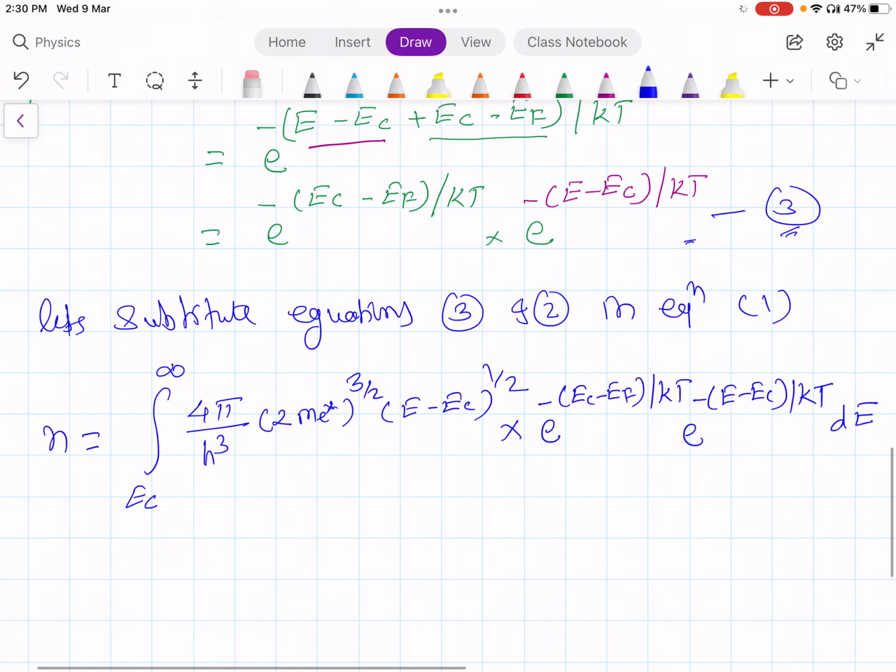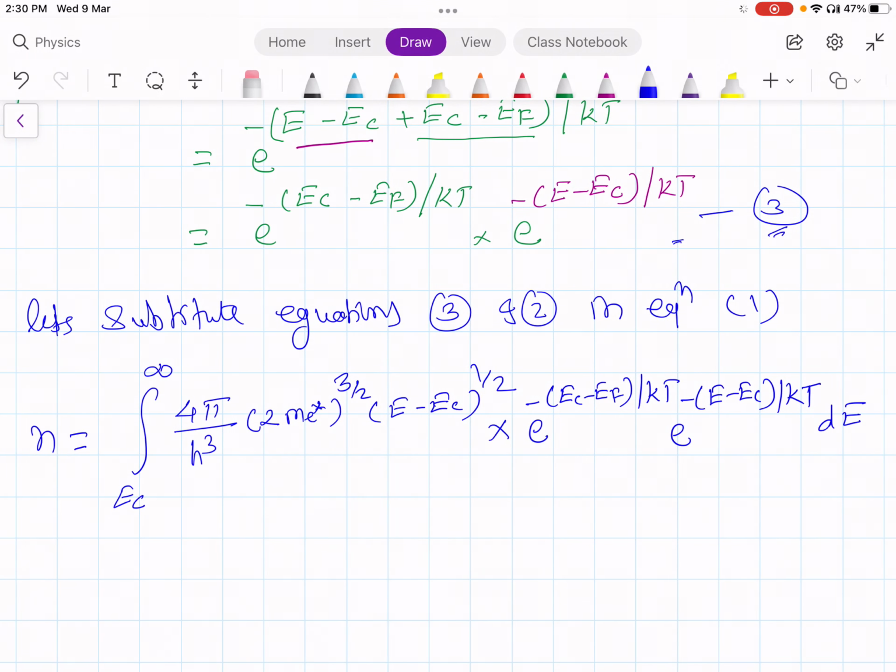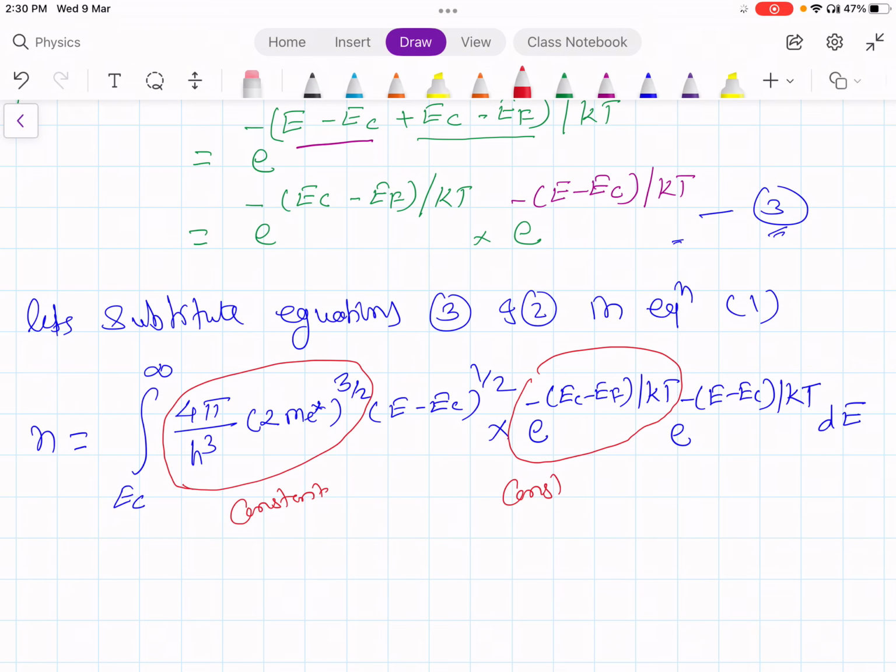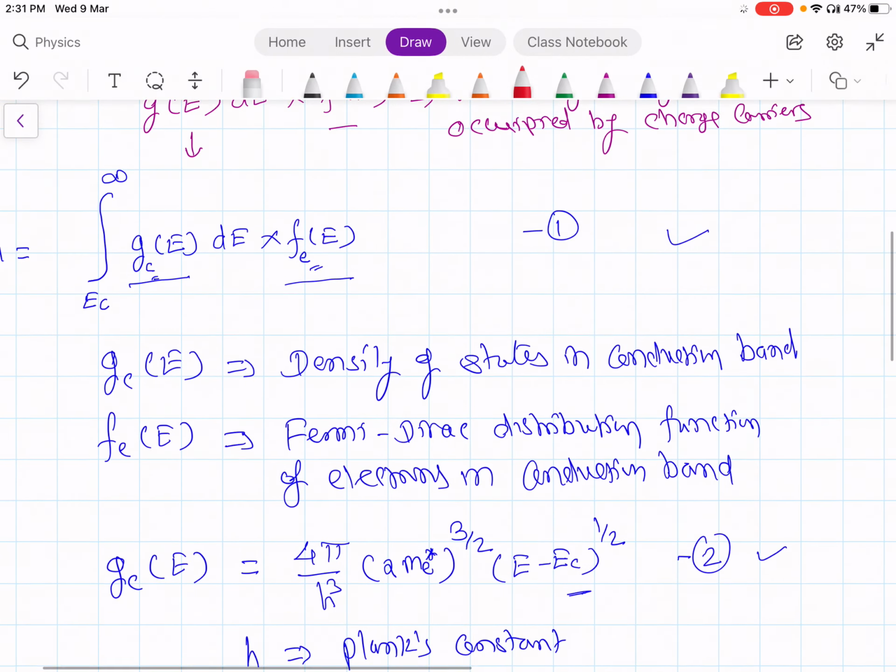Now let's look at this equation which I wrote just now. In this equation, this term is constant. Similarly, this term is also constant. EC minus EF is constant. Why is (EC minus EF) by kT constant?